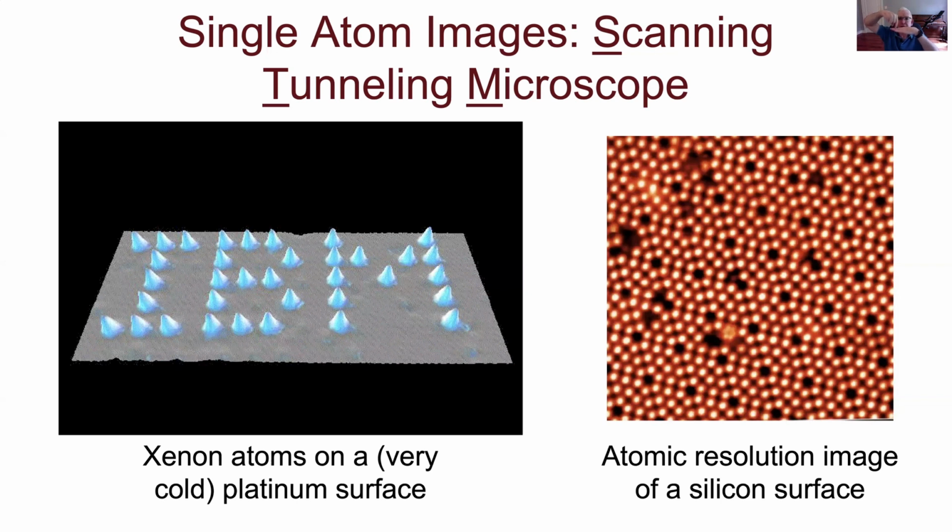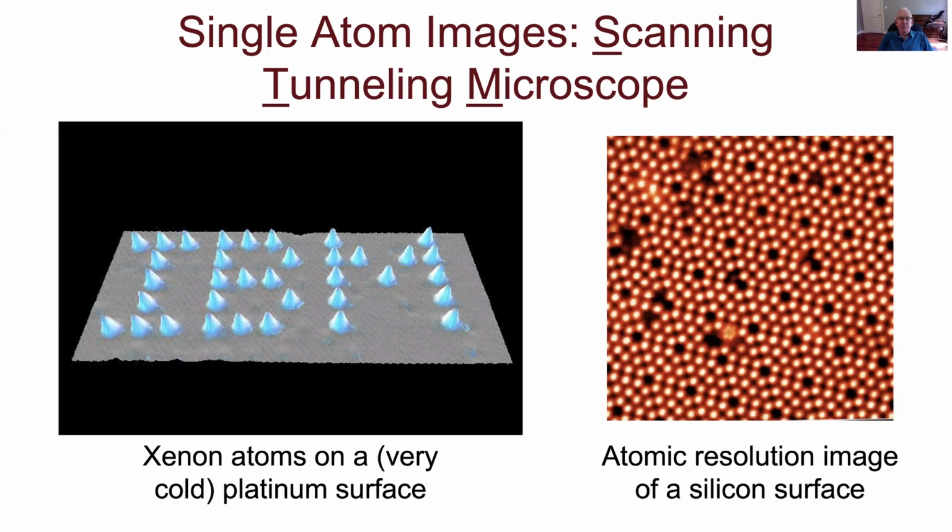It actually goes across a gap there, okay? Where the xenon atoms are, they'll sit up higher than where the platinum atoms are down below. And so the amount of current that flows between the surface and that tip will be different if it's above the top of one of those xenon atoms or if it's in the space in between. And that's how it maps out that image. Some software then takes the current measurements and turns them into the picture that we're seeing there, does the color choice and all that, okay?